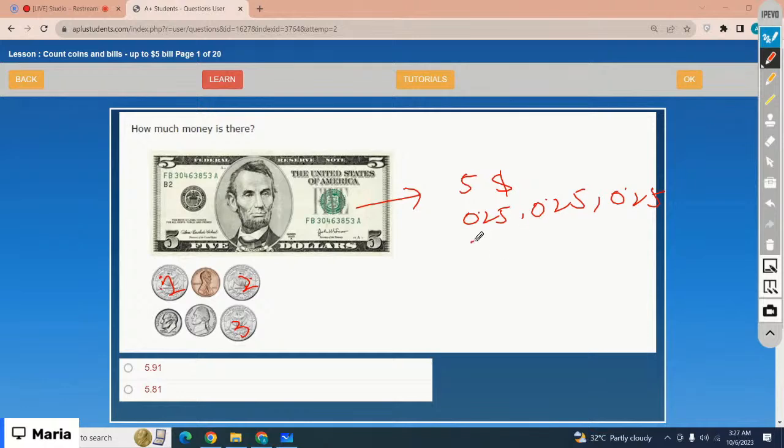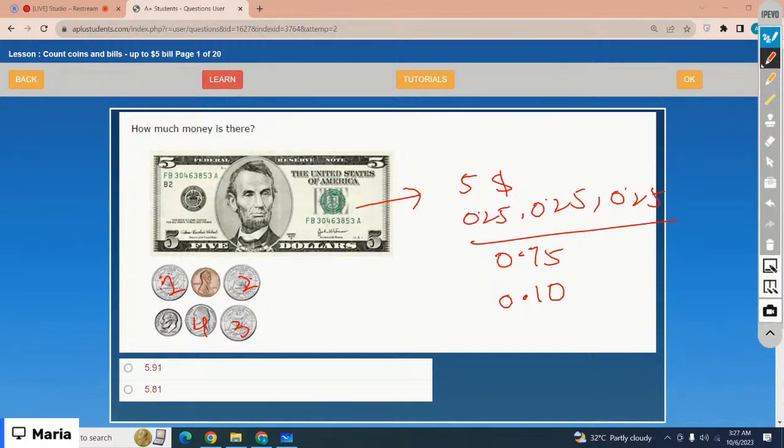When you add them together, the quarters are 0.75, right? Then you have the dimes. You can count the dime by 10. This one is a dime. You can count the dimes by tens. That means that would be 0.10, right?